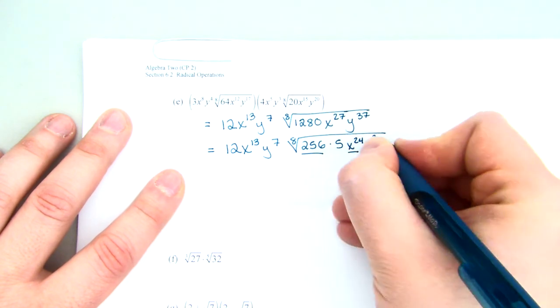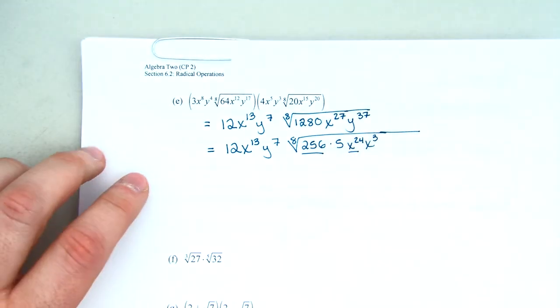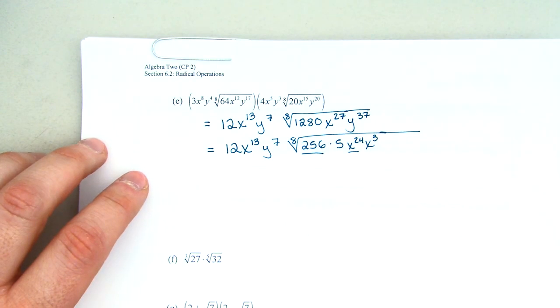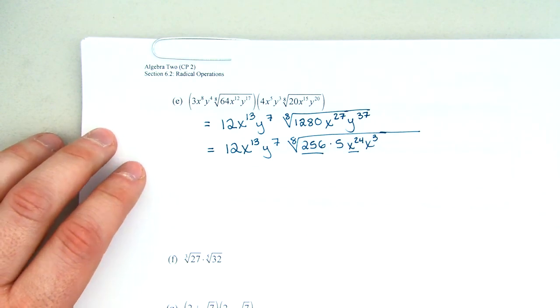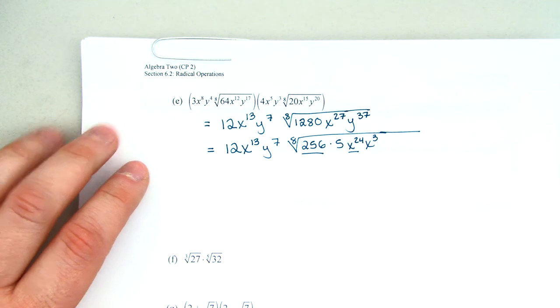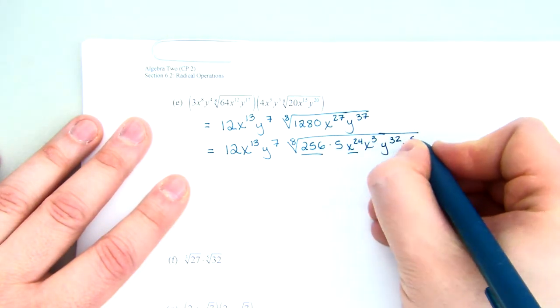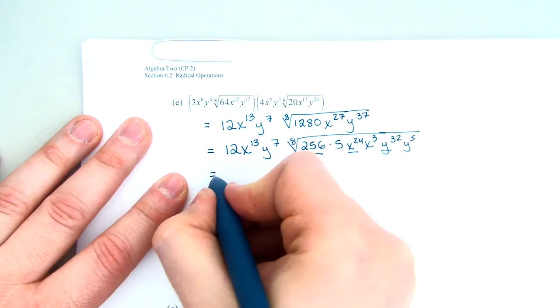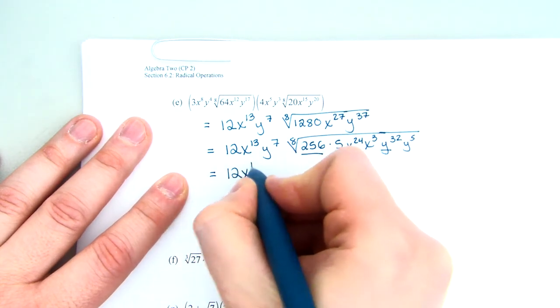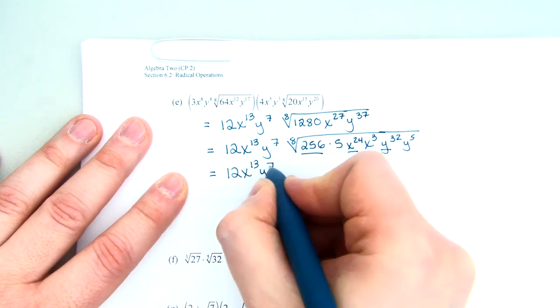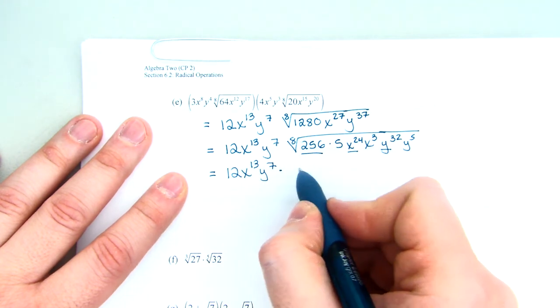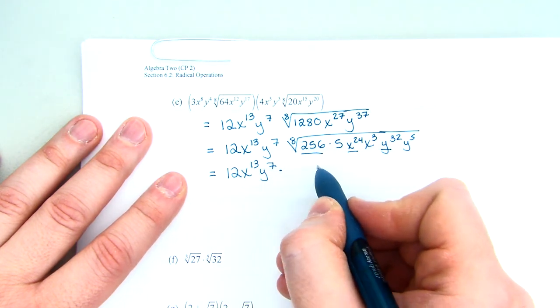And PJ, let's pull up that mask, please. And also tell me about y to the 37th, PJ. Y to the 32. Y to the 5th. Good. So that means I can move out front. Let's see. What is the 8th root of 256, Priyanka? Because you got that number.